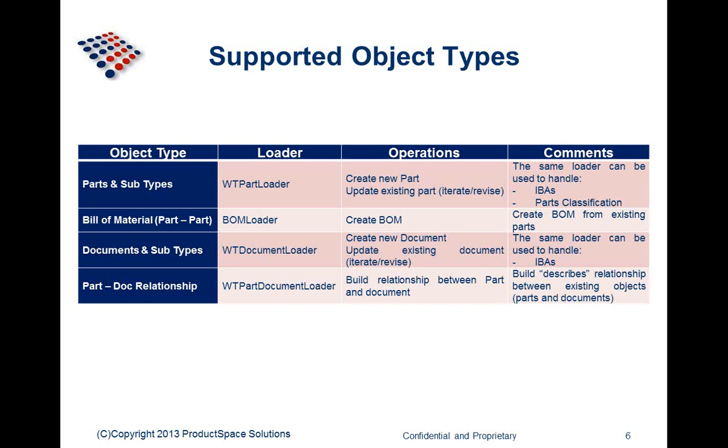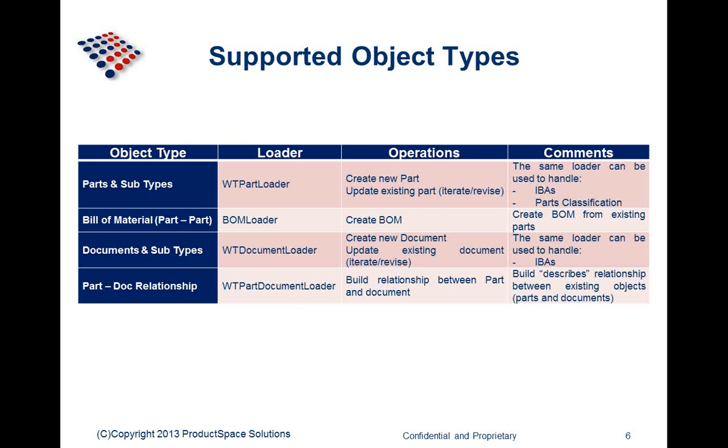Going to the next slide, the data migrator supports the following general object types in Windchill. It supports parts and corresponding subtypes, bill of materials, documents and subtypes, and part-document relationships.